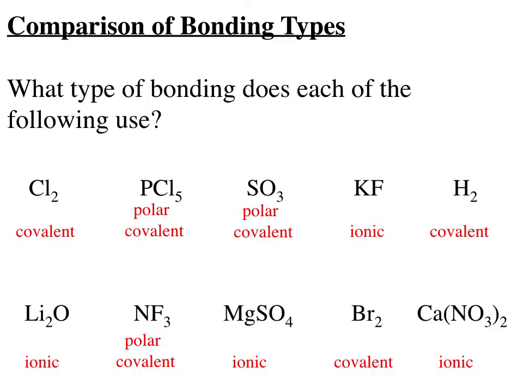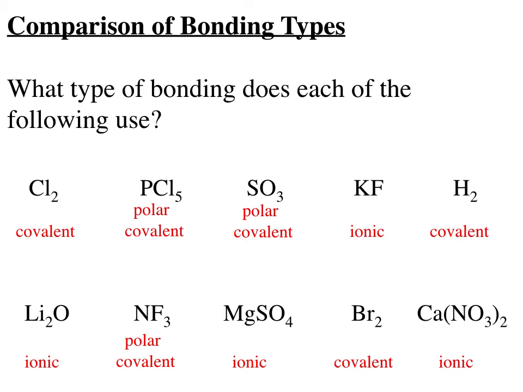What I'm going to expect is that if I give you a molecule, or a compound for that matter, that is a combination of atoms, you should immediately be able to identify the type of bonding that collection of atoms is using. How you do this is by recognizing the relative location of the atoms in combination in the periodic table.